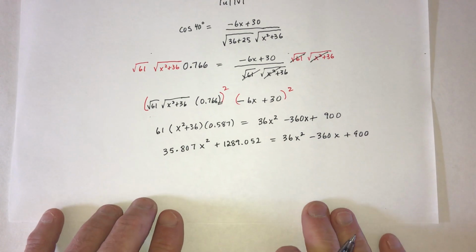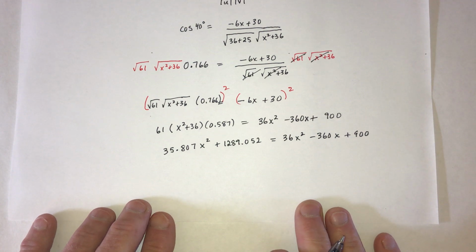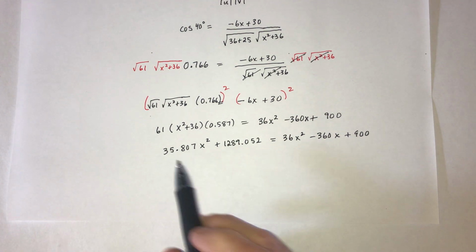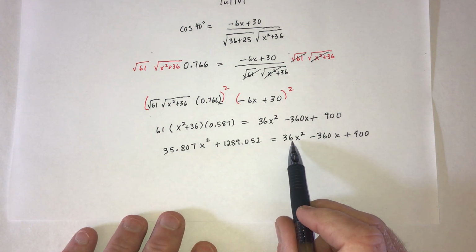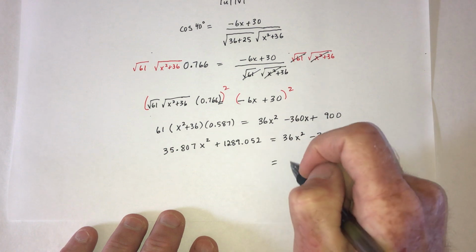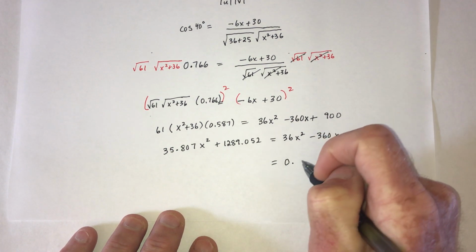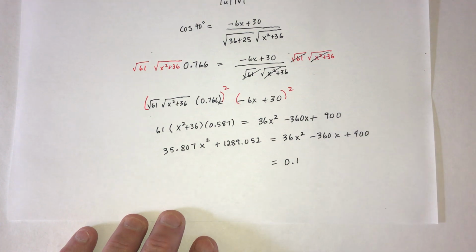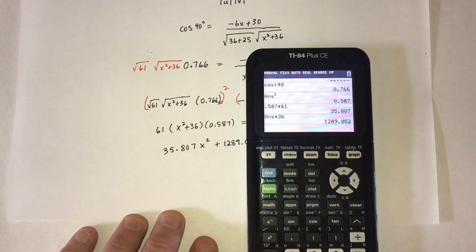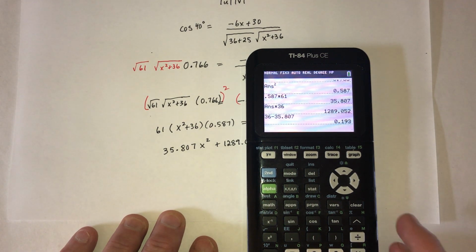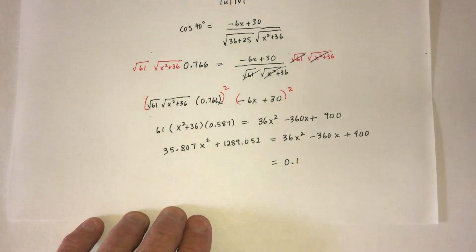And now, in order to do the quadratic formula, everything should be put on one side. So subtract this from both sides. So that's going to be 36x squared minus this. Okay, I better use a calculator. How much is 36 minus 35.807? 0.193.